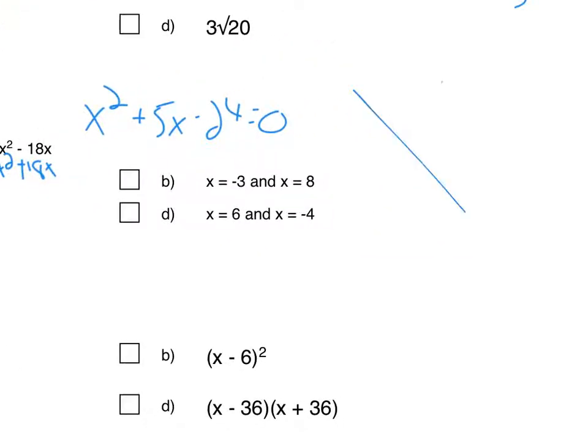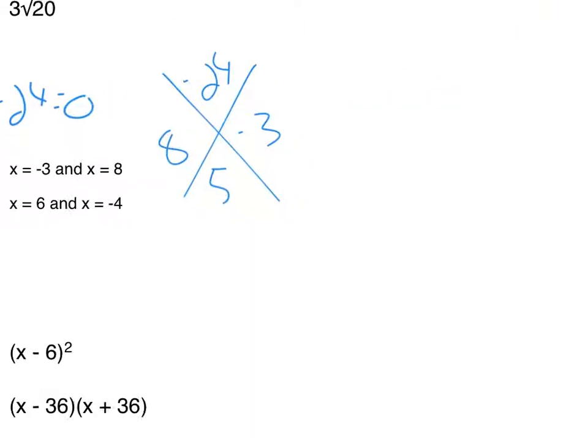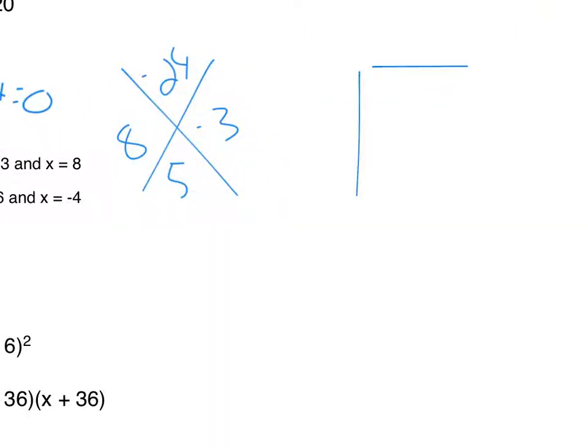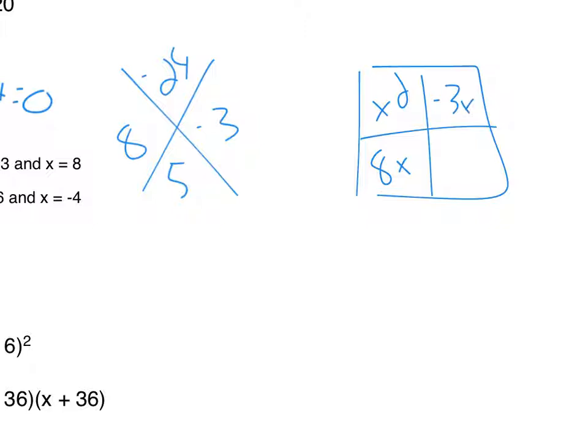Then we can X-box, and 8 and negative 3 multiplies to negative 24 and adds to 5. Box from there, and we get x squared, 8x, negative 3x, and negative 24.